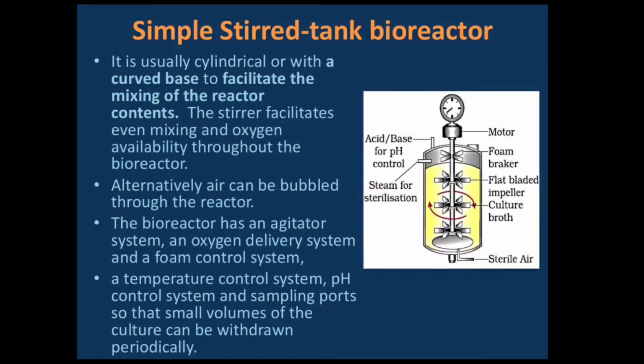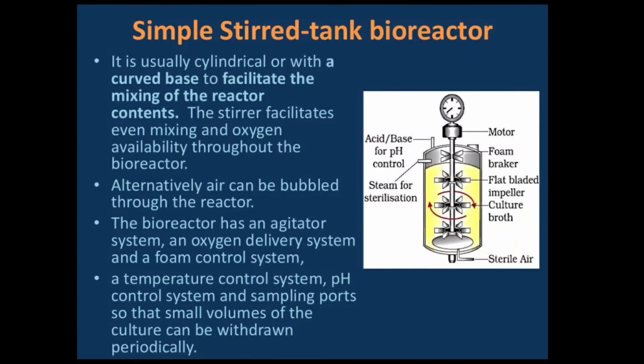The most commonly used bioreactors are of stirring type. A stirred tank reactor is usually cylindrical or with a curved base to facilitate the mixing of the reactor contents. The stirrer facilitates even mixing and oxygen availability throughout the bioreactor.